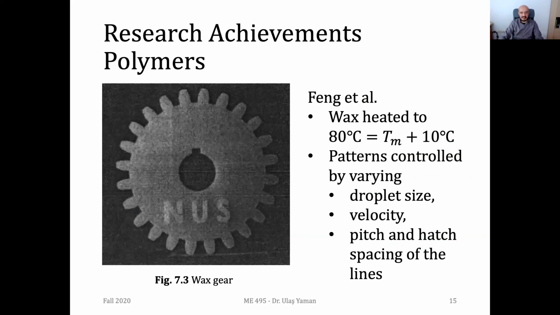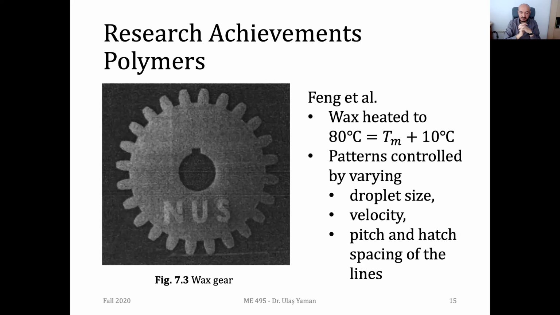We have another study. This is not complicated, but they are trying to obtain complicated shapes having smaller features. And again, they are using a wax material. They try to control this pattern by adjusting the size of the drops, the speed of the drops, the jetting speed, and also the speed of movement on the table. And the parameter they need to adjust is the spacing between the hatches.